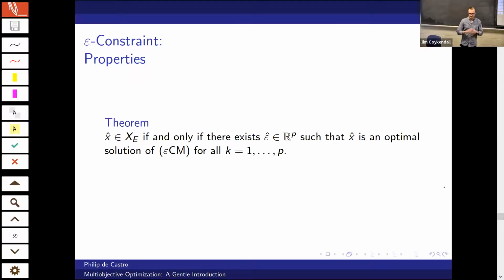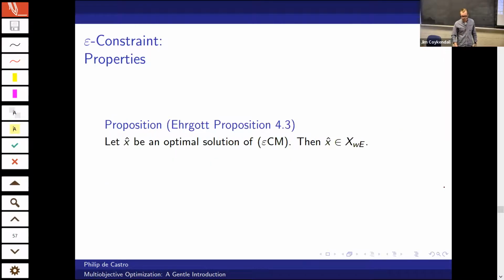And then finally, we have a nice if and only if. This is a nice holistic view of this problem. If you have something that is efficient, it's efficient if and only if you can find some epsilon, some upper bound on all of your objective functions, such that x hat is an optimal solution of your epsilon constraint problem for all k. Now remember what k is.